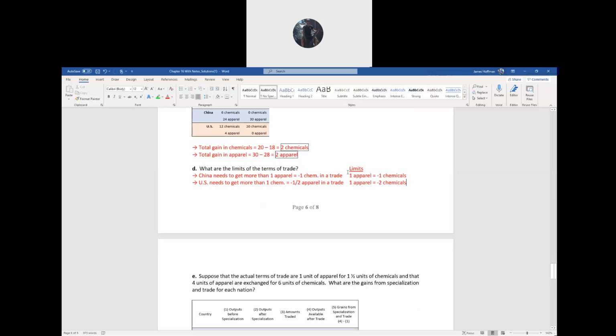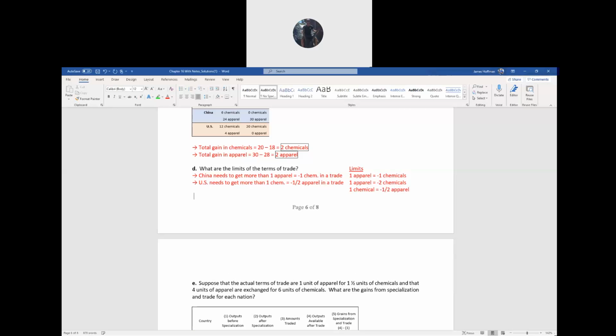If I were to write this same condition in terms of one chemical equals, it would be this. Okay, or one chemical equals one apparel.